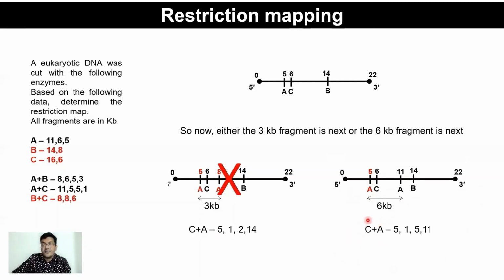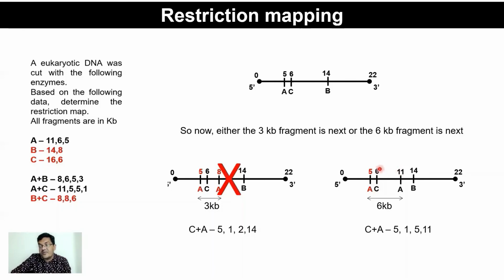What I want you to do is to calculate for yourself what fragments you get on digestion with C plus A double digest. Here we're only looking at A and C together. So this is your first fragment, which is 5 kb. And then between 6 and 5, you get a 1 kb fragment. Then between the C site and the next A site, you have 6 and 11.